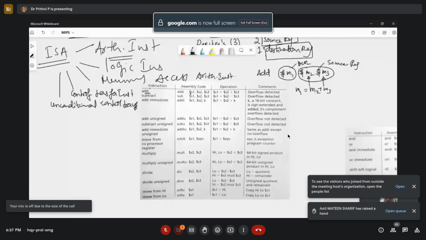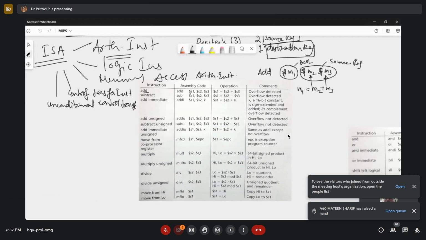If you can see, this assembly code add $S1, $S2, $S3 indicates that the content in S2 will be added with S3 and stored in S1.